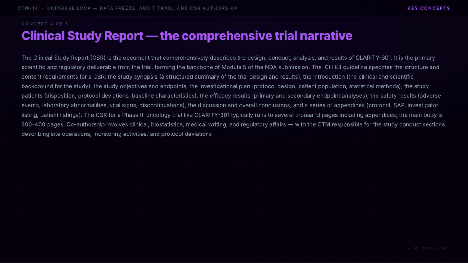The CSR for a Phase 3 oncology trial, like Clarity 301, typically runs to several thousand pages, including appendices. The main body is 200–400 pages.